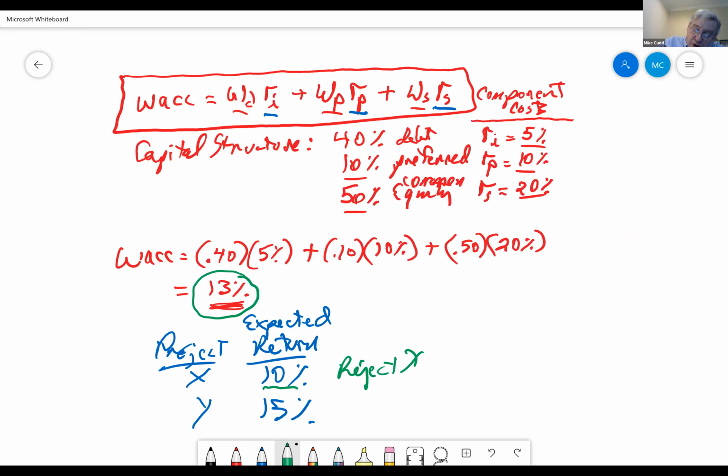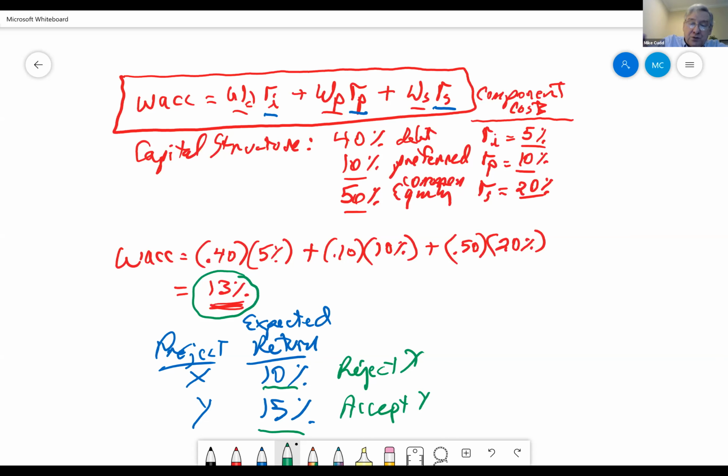If we have a required rate of return of 13 and Y expects 15%, then Y is good enough and we accept project Y. It really is so straightforward, it's tricky because it is just simply straightforward.